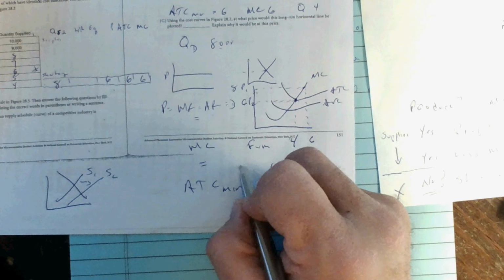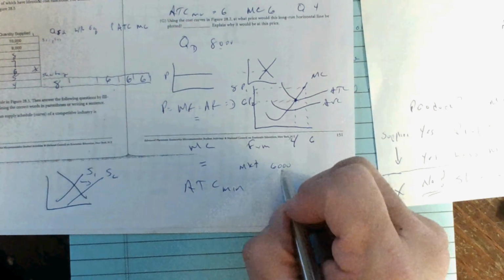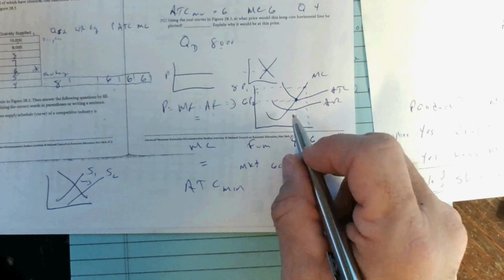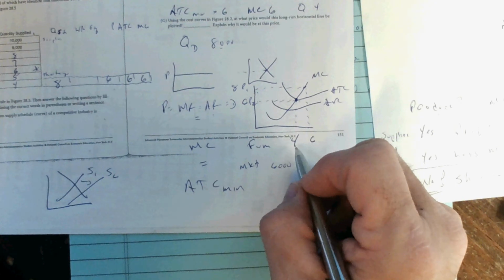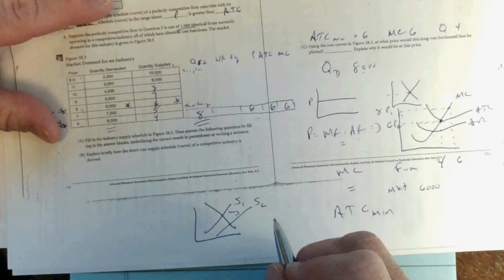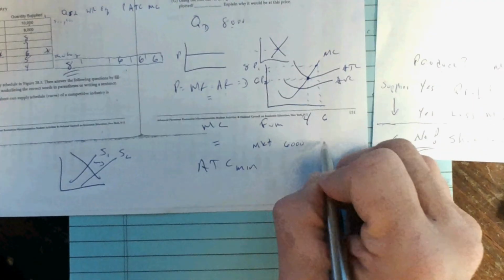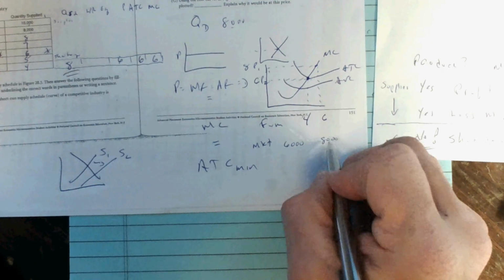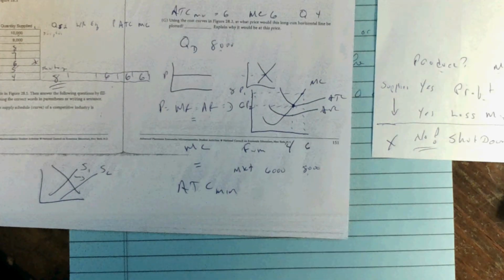The quantity in the market, though, at 8 was 6,000, but because price fell, eventually the equilibrium in the market became 8,000.